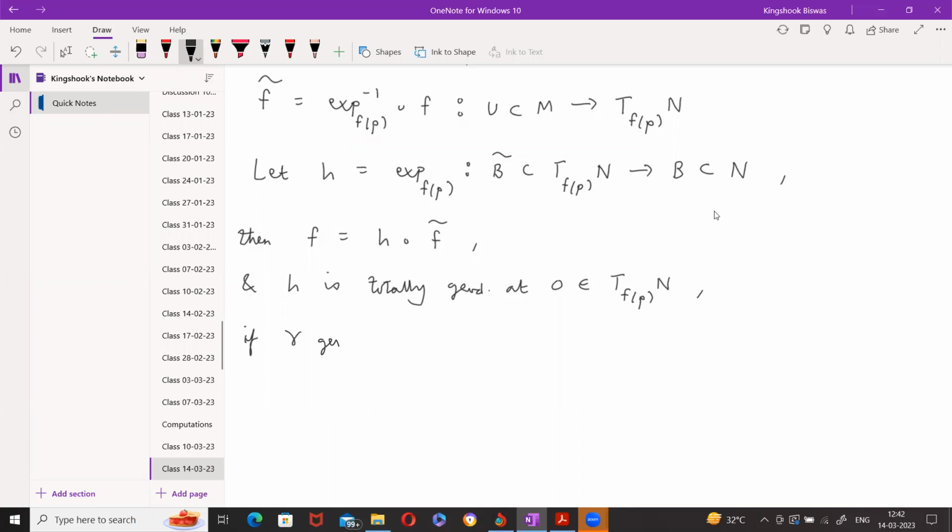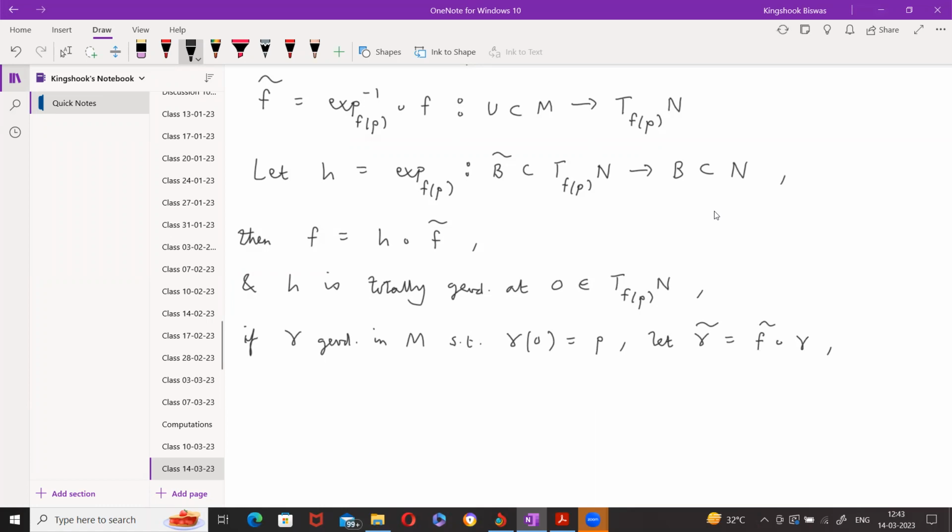Suppose gamma is a geodesic in M such that gamma of 0 is equal to P, and I let gamma tilde be F tilde composed with gamma.